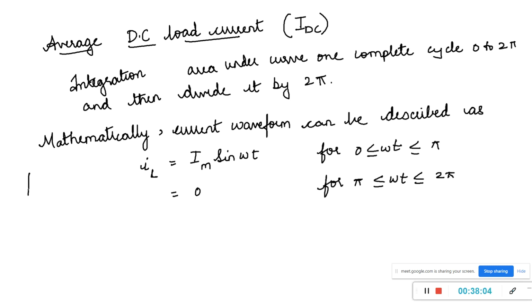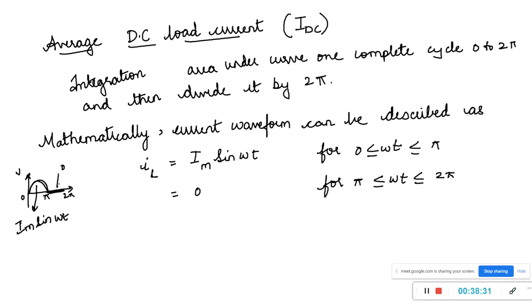How is the output voltage? See here, it is like this, then 0. So for 0 to pi it is Im sin omega t, and for pi to 2 pi it is 0. For the positive half cycle it is Im sin omega t. For the negative half cycle the output is 0.